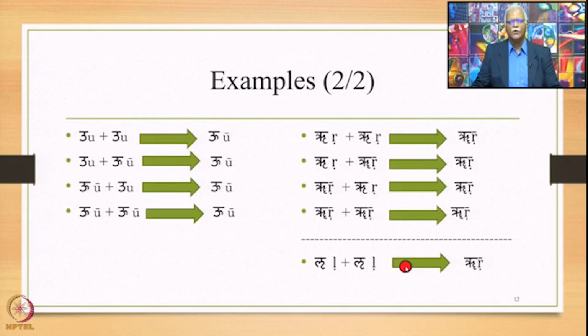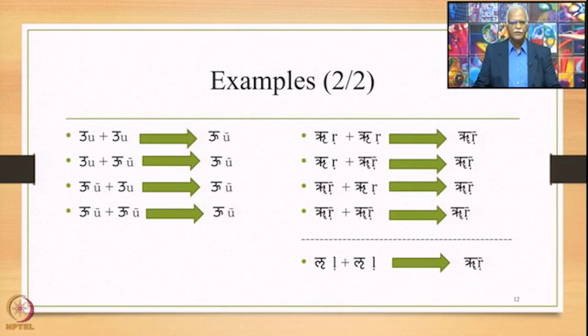Because there is no long variety of lu, however, the tradition has made a statement, Ruluvarnayor mithas savarnyam vachyam, ru and lu, they both are to be considered as homogeneous with each other, and so the long variety of ru can become the substitute over here. Lu plus lu, and the long ru will be the substitute.